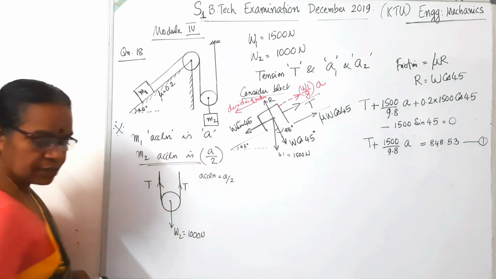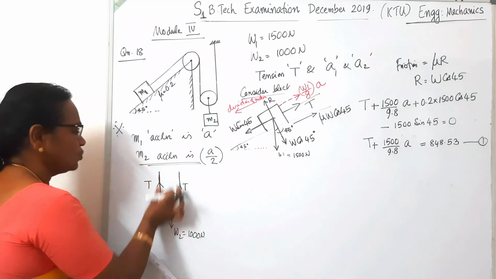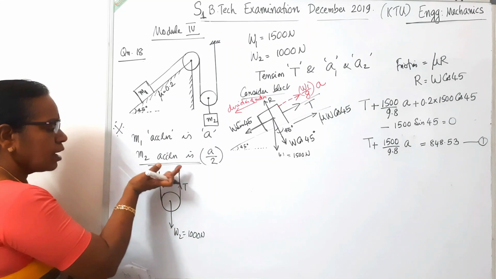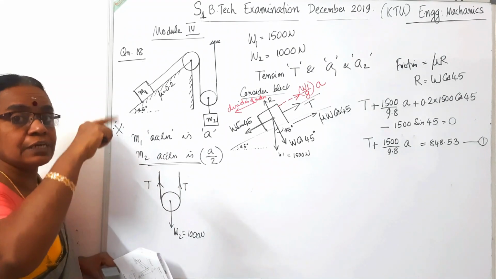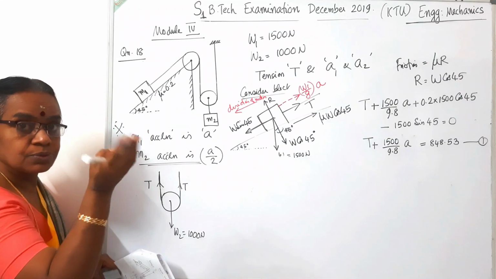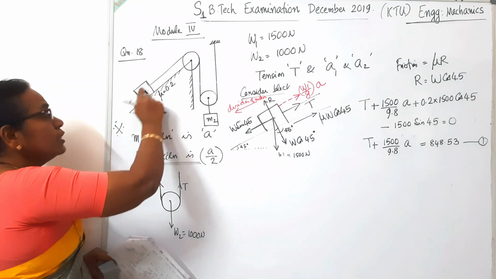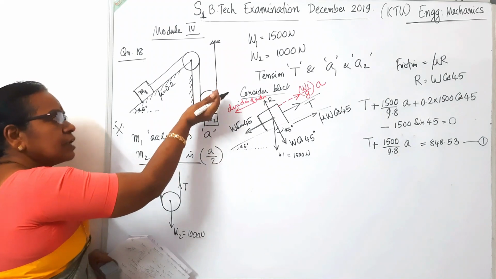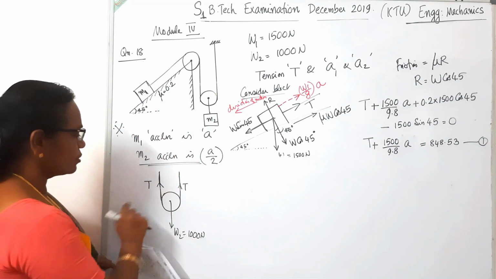The acceleration of this mass is only half of the other one because it is attached to two strings. Only when both of them move by 1 centimeter will it get lifted up by half a centimeter. So these are the two forces acting on it.